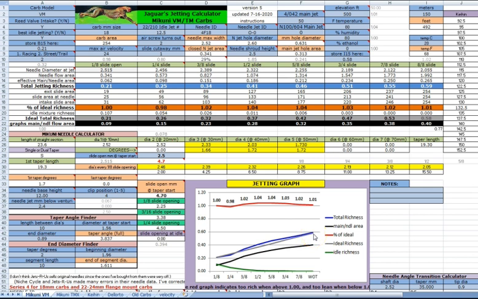You have to understand, though, main jet richness is not just the main jet. The needle affects the main jetting too. And when you change the needle, you're going to have to change the main jet also.